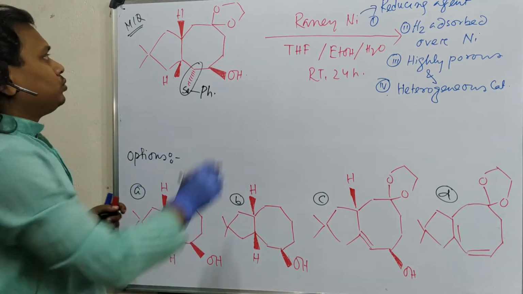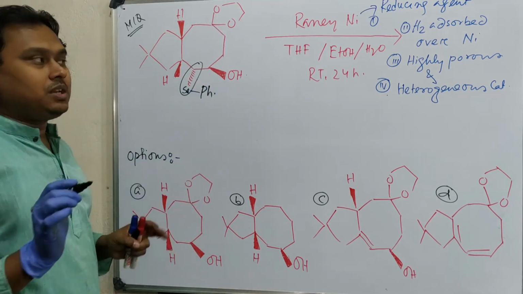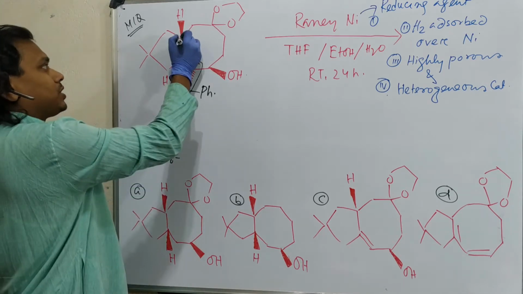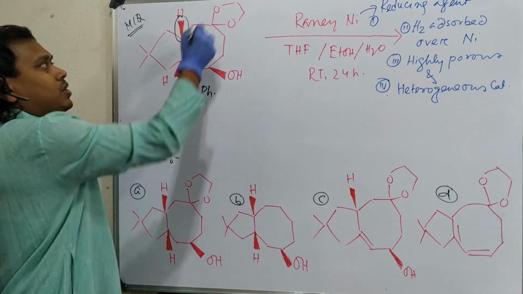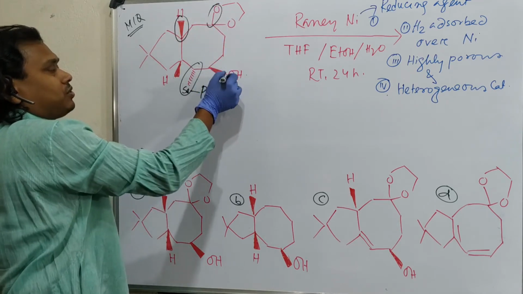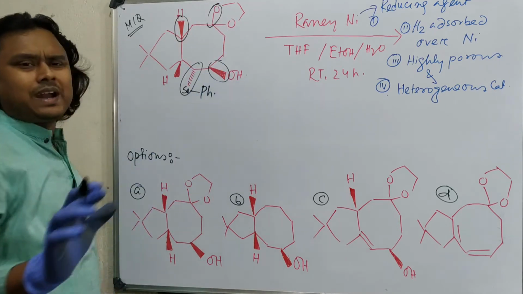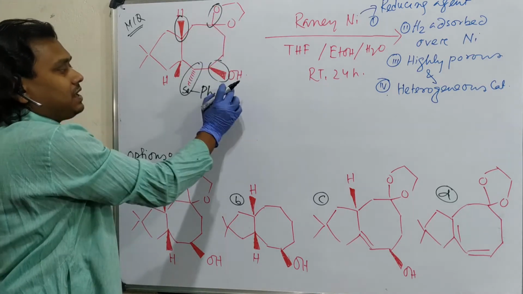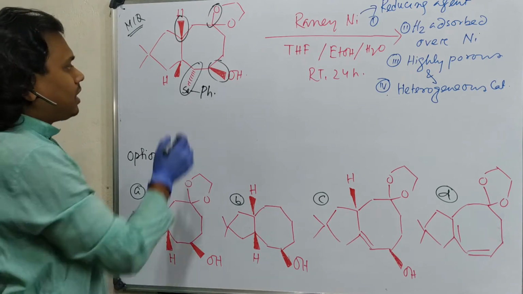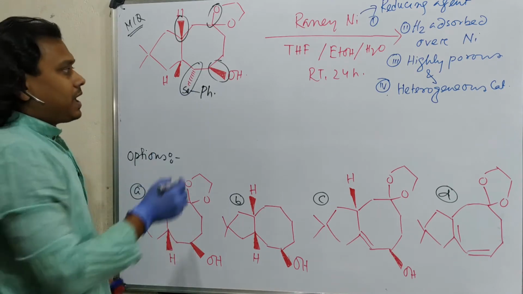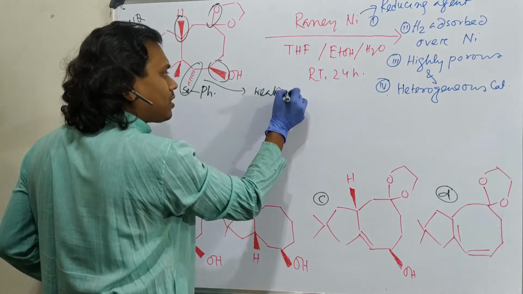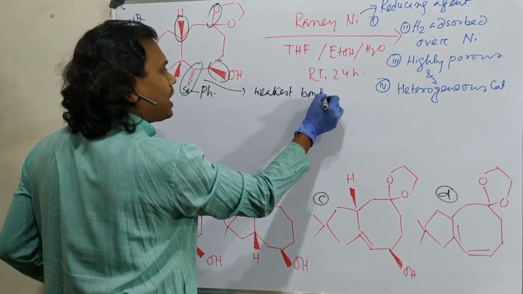If you look at all the bonds, there are mainly three types of carbon-heteroatom bonds. One is carbon-hydrogen. Another type is carbon-oxygen, with two categories: one is acetal or ketal, and another is simple alcohol. And the third one is carbon-selenium.